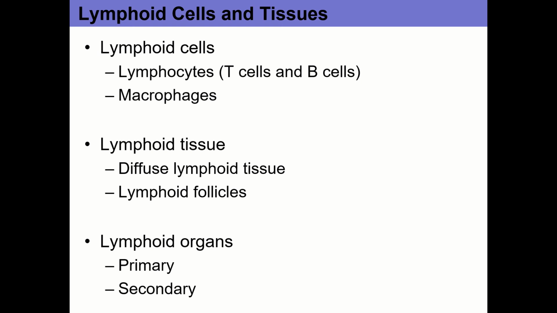So lymphoid tissue, you've got basically diffuse, or I want to say collected is a way of thinking about it. Diffuse tissue is what we see, for example, underneath the epithelial tissue. You'll see here in a minute, we'll talk about the mucous membranes. Inside of your mouth, down your throat, those are mucous membranes. You've got a layer of epithelial cells with underlying loose connective tissue that makes up the basement membrane.